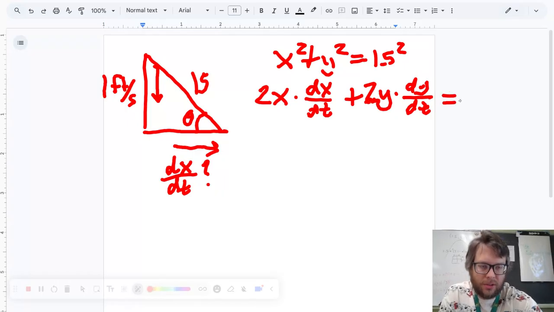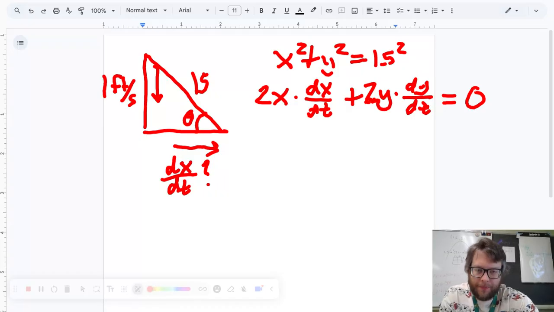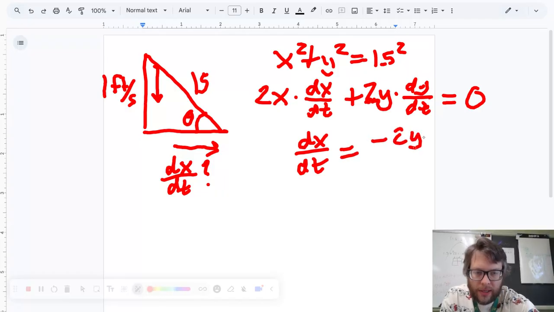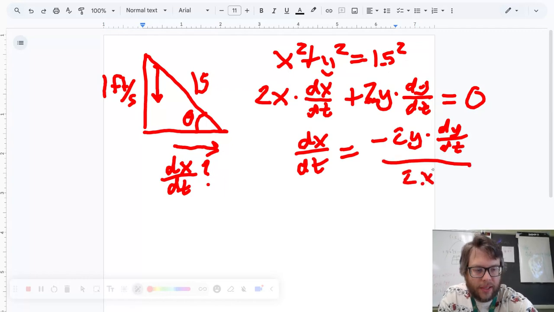It is not 2 times 15 times d15/dt, although you could write that because d15/dt is 0. So now at this point, I can solve for dx/dt by subtracting 2y dy/dt and then dividing by 2x, like that. So 2 over 2 cancels out.